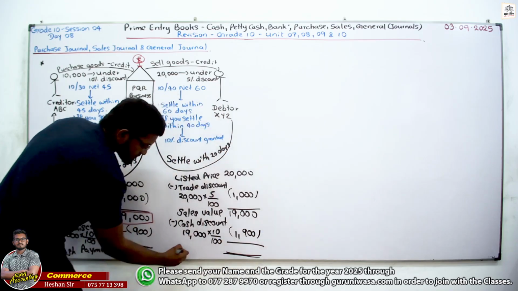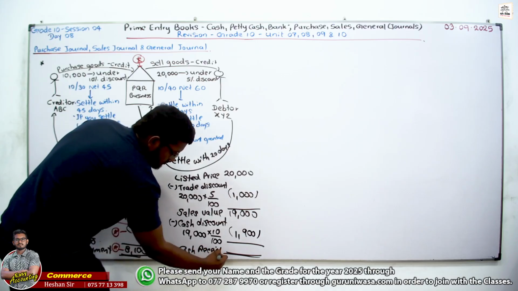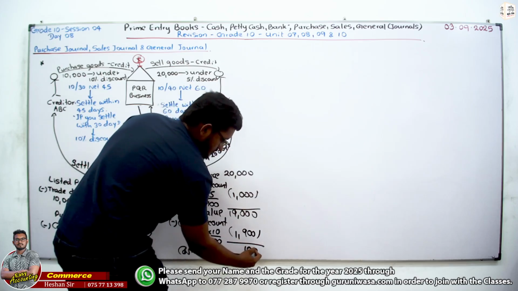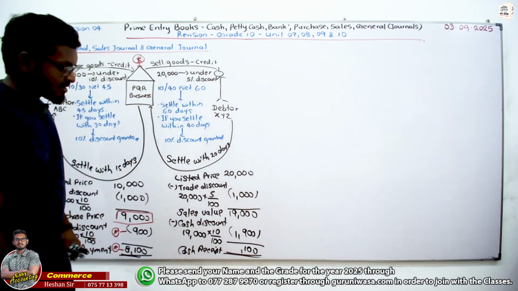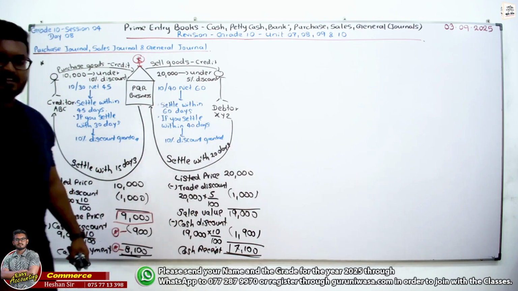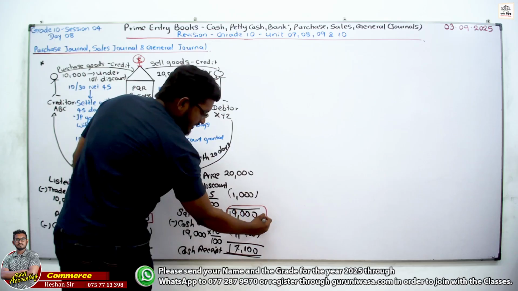This is the cash receipt. Understand? 17,100. Now I want to tell you about the full detail in here.